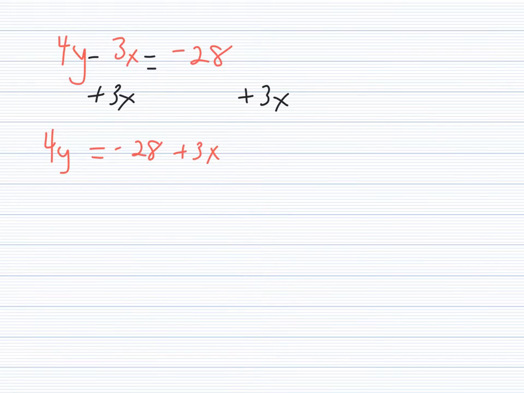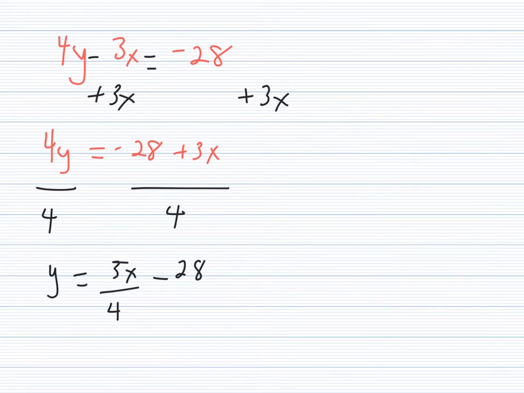And now I'm going to divide by 4. That will give me y equals 3x over 4 minus 28 over 4. When we simplify it as far as we can, we will have 3 over 4x minus 7. And that would be the answer to that one.